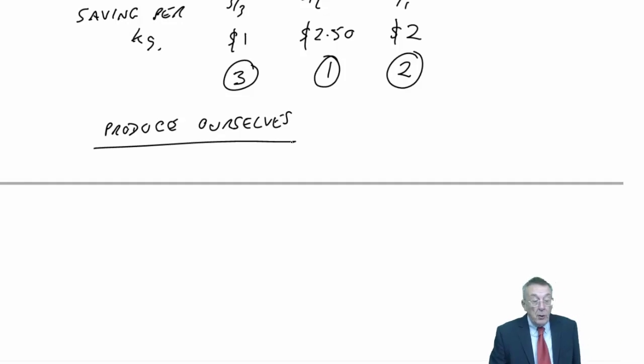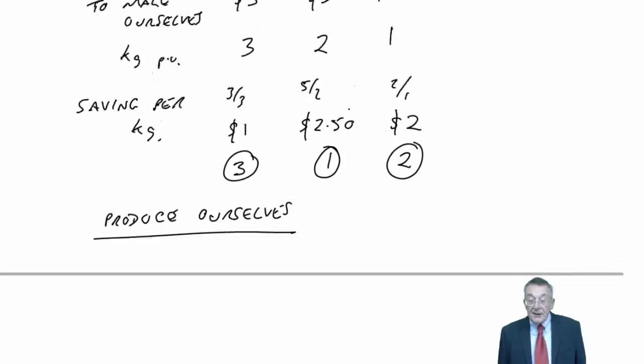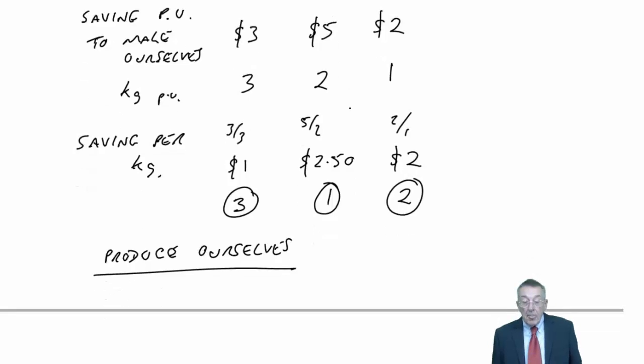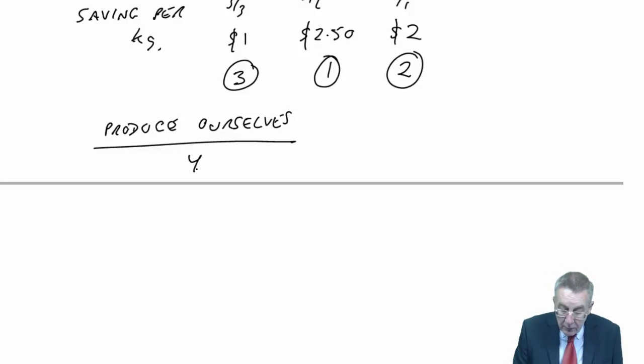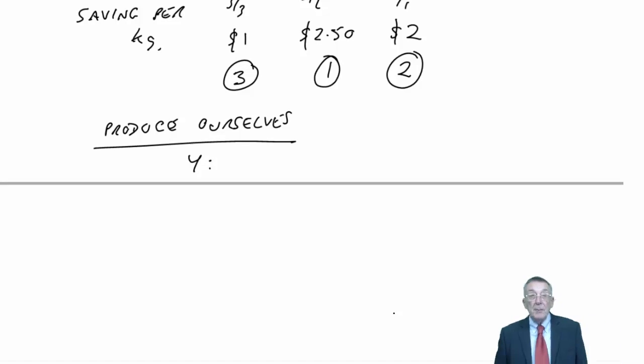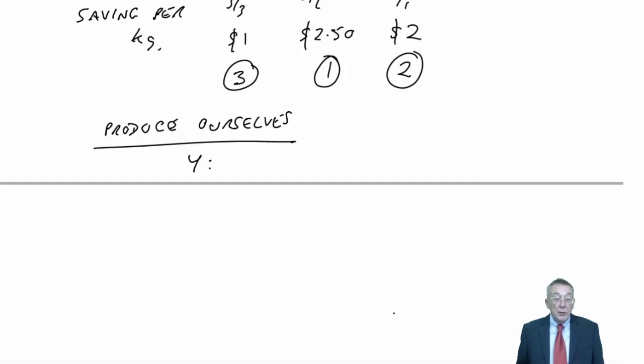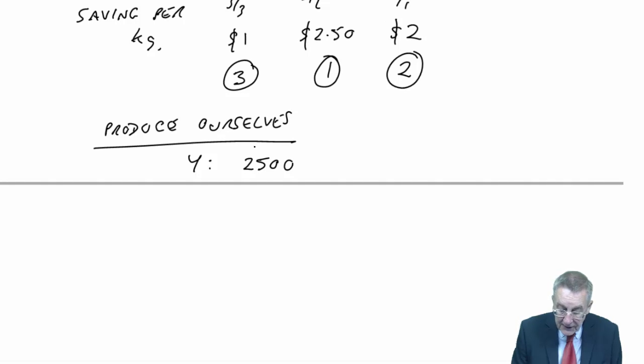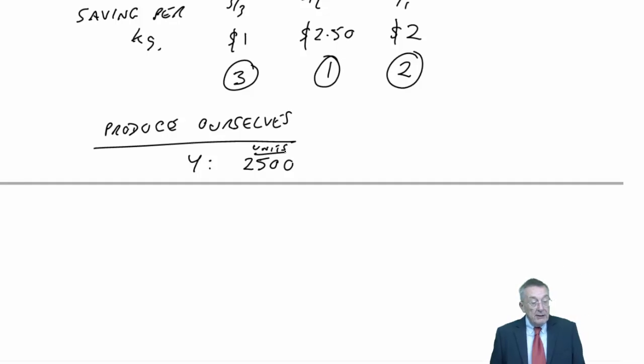We've already said the one that gives us the biggest saving is Y, and so we'll produce as many Ys ourselves as we possibly can. We're not going to produce more than we can sell, so the maximum is 2,500 units. Have we enough material?